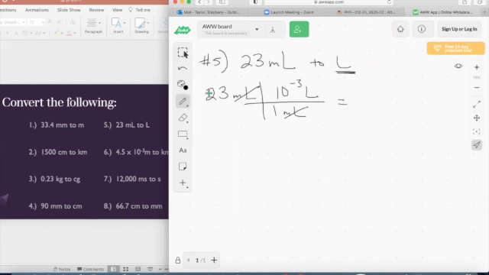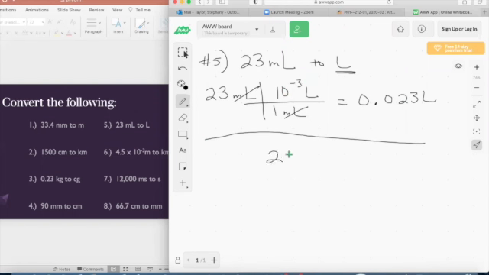In your calculator, you could just type out 23 times 10 to the minus third power, and you would get 0.023 liters. Technically we just got 10 to the minus third power, so all we're doing is moving to the left 3 times.